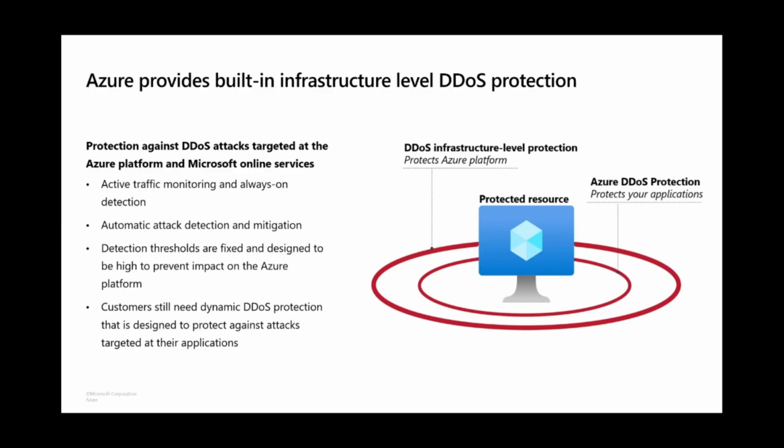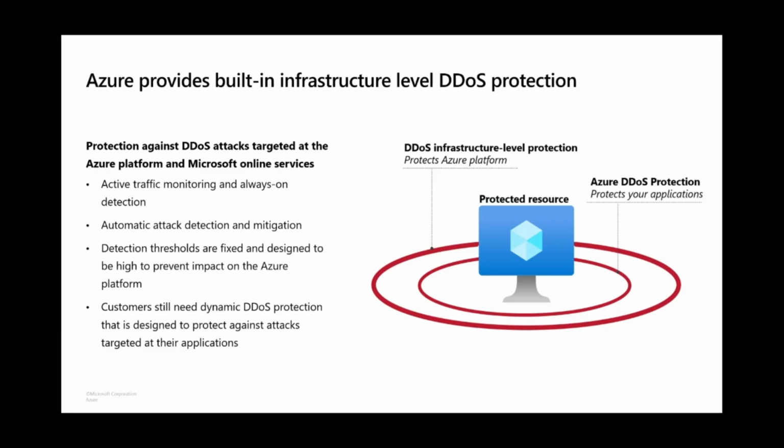So the infrastructure level protection is there to protect the Azure resources themselves, and it's there to protect Azure infra or the platform itself, right? So if there is, let's say, a huge DDoS attack that is trying to bring down Microsoft or Azure services, the infrastructure level protection is there to protect also customers' services and data from those type of attacks.